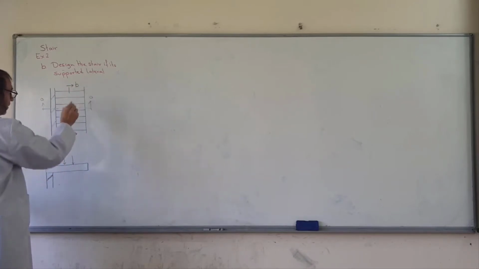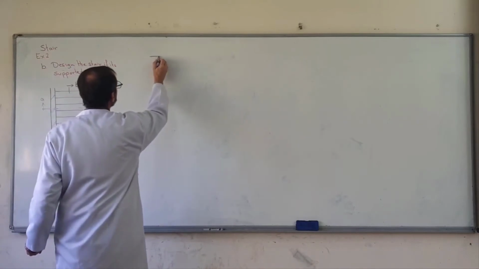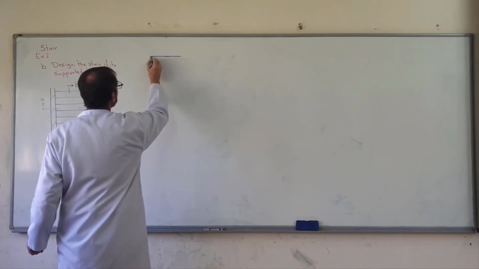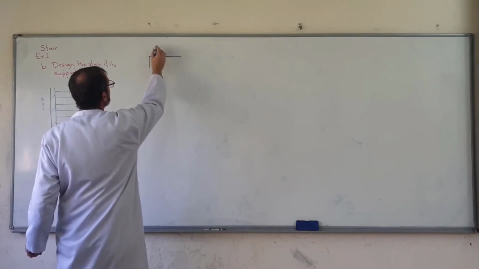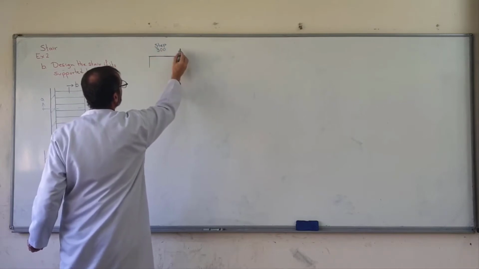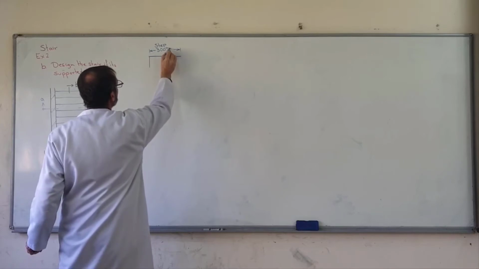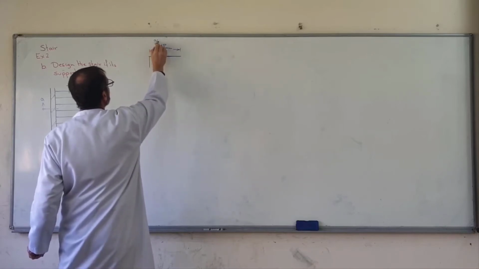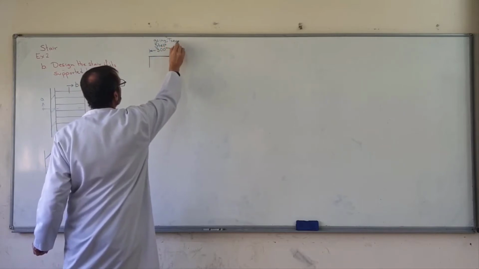Section B, for example. This is our stair. These are the steps, or going. This is a step, 300 millimeters. We sometimes call it going or tread.